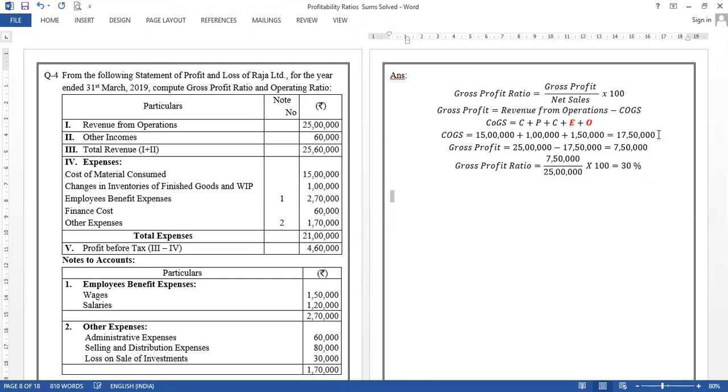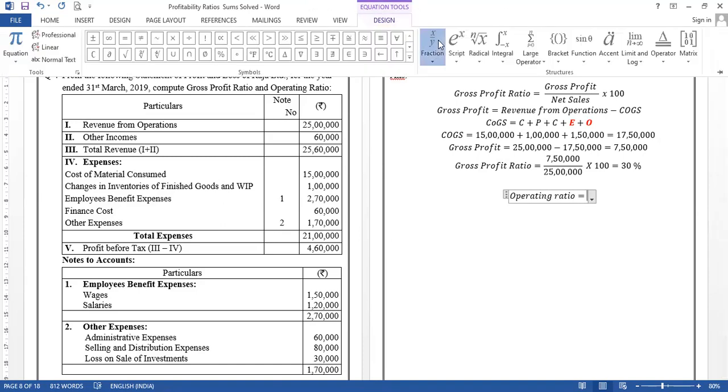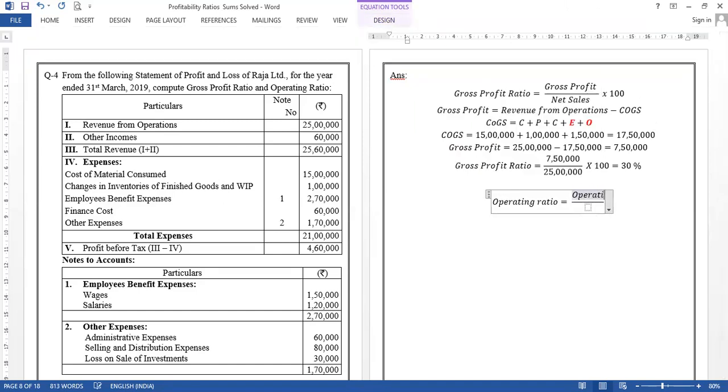But apart from that, we have also been asked to calculate the operating ratio. So let me write the formula for operating ratio over here. Operating ratio is equal to operating cost divided by net revenue from operations into 100, right? I'm writing it as net sales over here.